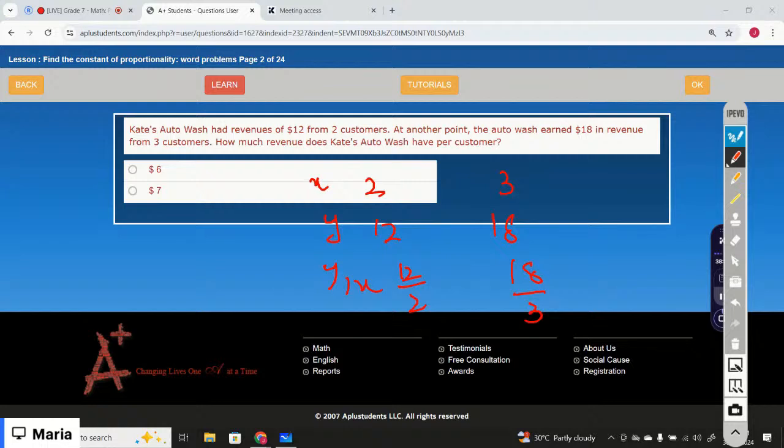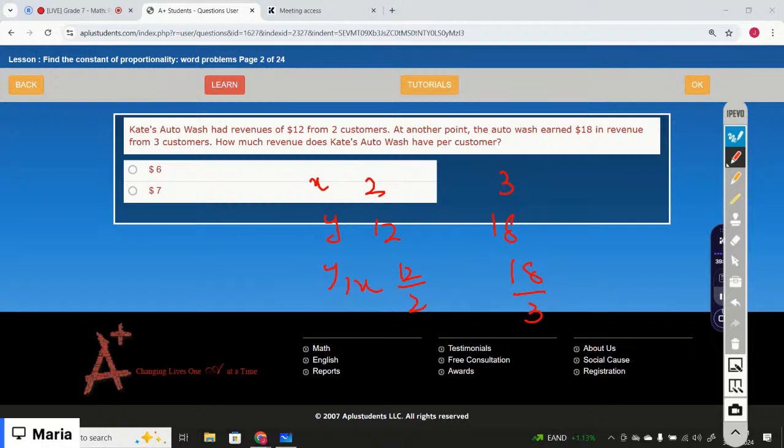So the revenue per customer is... the correct option is $6.